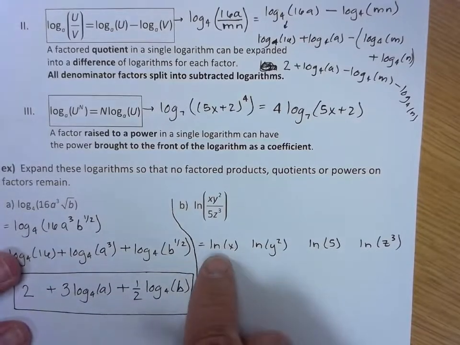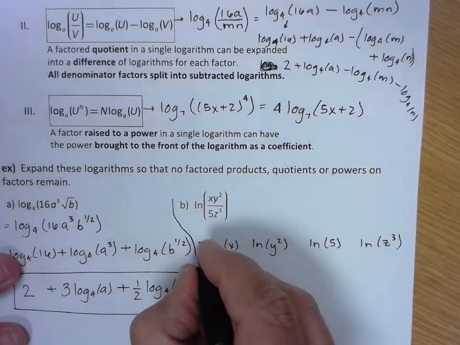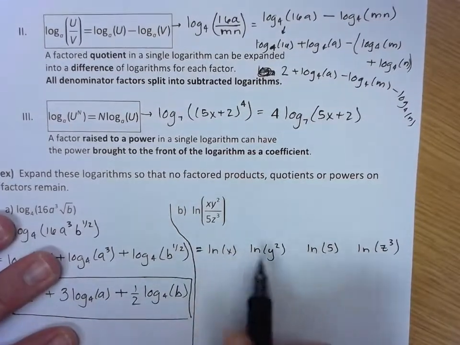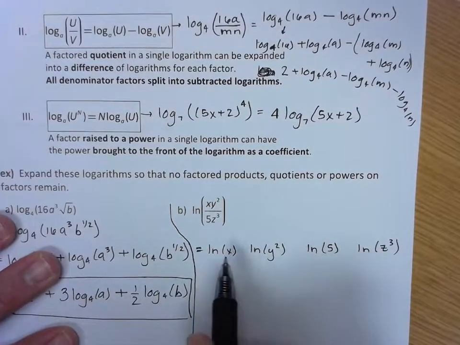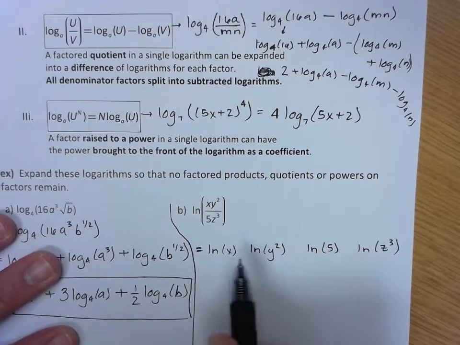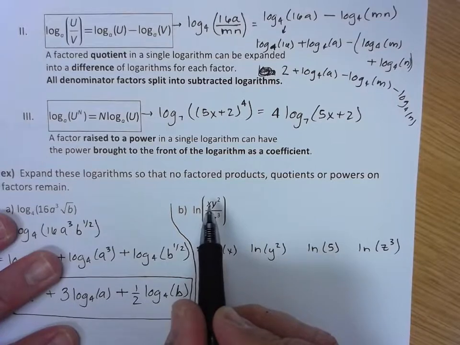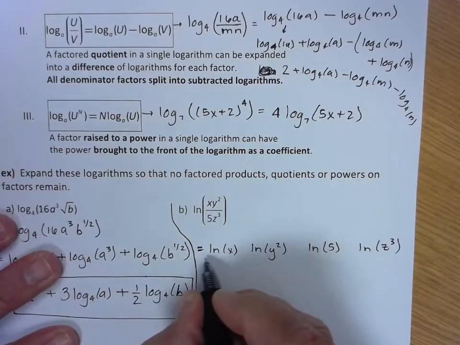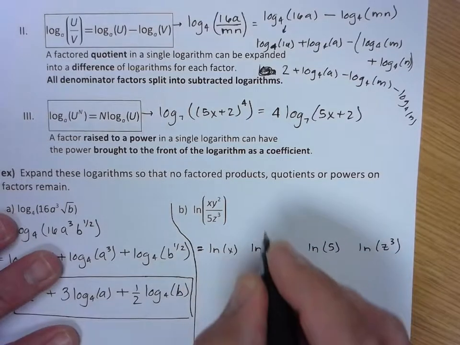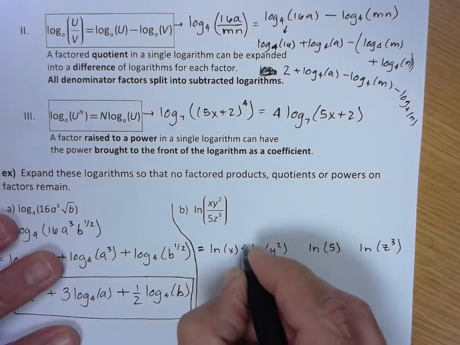Now, the signage that goes in front, this is an equal sign, not to be confused with a minus sign. The signage that goes in front of each logarithm depends on where the factor came from. If it was a numerator factor, the logarithms will be positive. So the logarithms that I split up for the numerator, that'll be a positive ln x, so no need to put a deliberate plus in there. But I do need to put a deliberate plus right here.